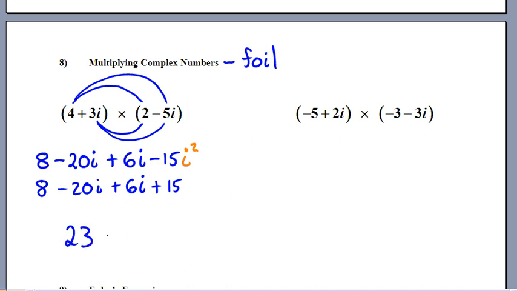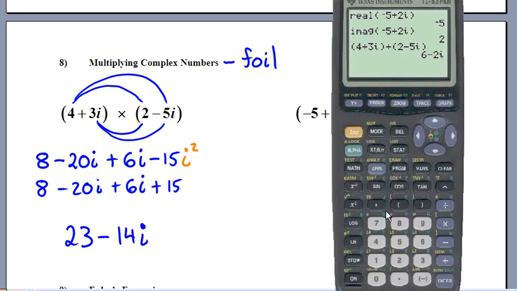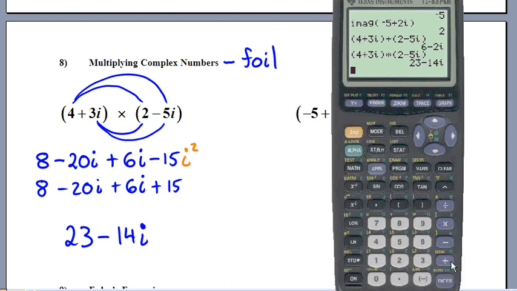And then what about the imaginary? Looks like minus 14i. And my calculator could do that, right? If I was to say, hey, would you mind doing 4 plus 3i, and then can you multiply that by 2 minus 5i? It's like, yeah, I got that. 23 minus 14i.